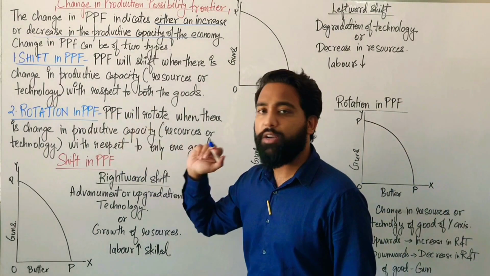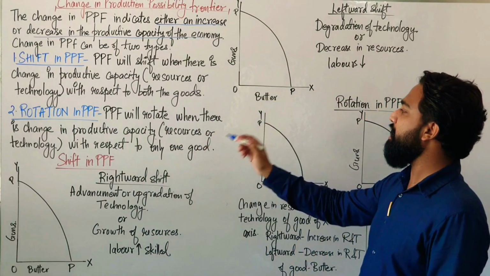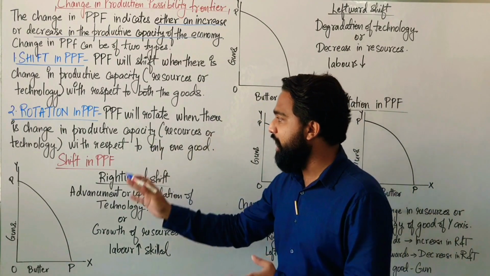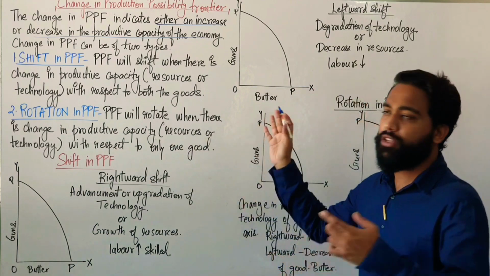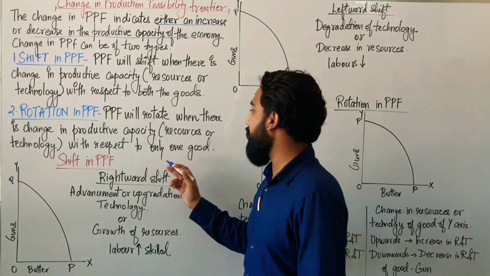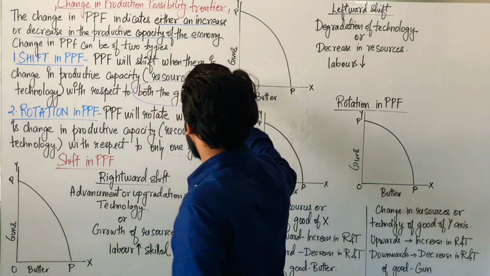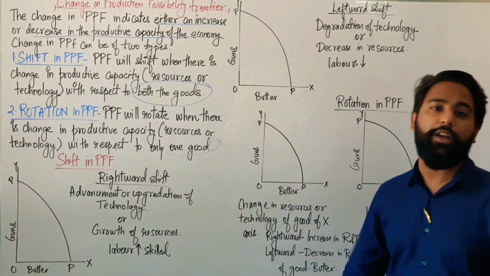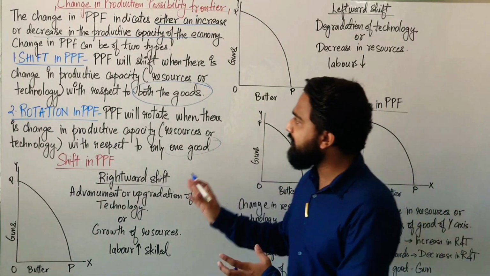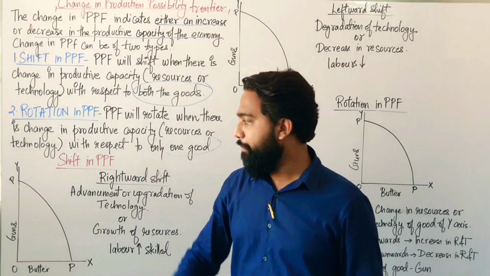And PPF will rotate when the change in productive capacity, resources or technology is with respect to only one good. Here both the goods, but here only one good. Is that clear? Now let's start with the shift in PPF.